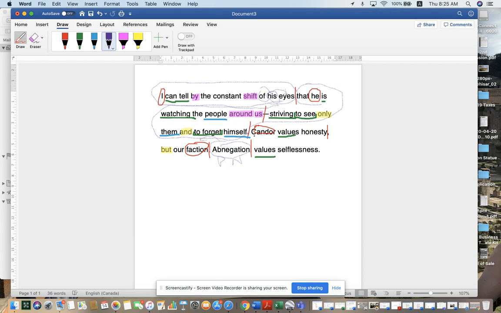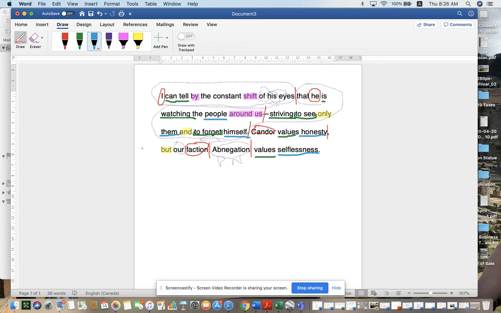All right. Last but not least, Candor values. What does Candor value? It values honesty. That's our direct object. Our faction, we have the possessive, our faction, Abnegation, values. What does it value? It values selflessness. So this is what we call a contrast sentence, where we have one versus another. We have a kind of mirror effect with writing.